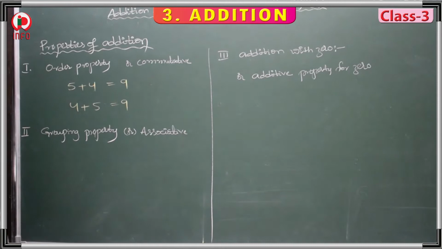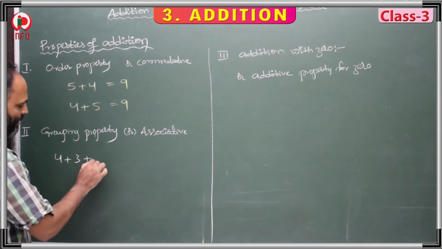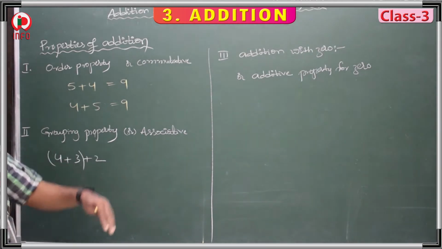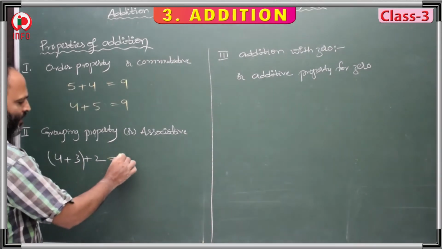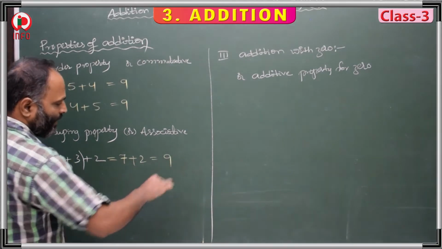Next, the grouping property. Suppose I take 4 plus 3 plus 2. If I take 4 plus 3 as a group and 2 as another group, then what is the answer? 4 plus 3 is 7. 7 plus 2 is 9.